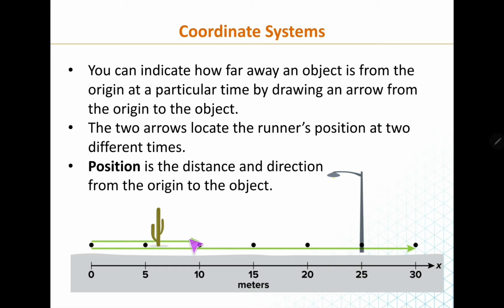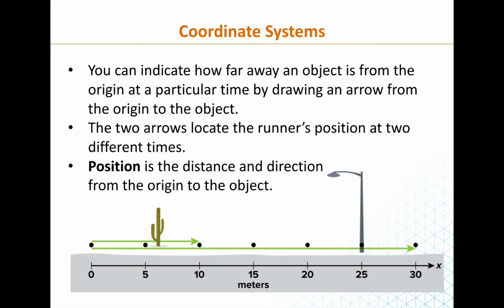This arrow indicates how far away an object is from the origin. Or let's suppose that the runner reached 30 meters. Also we can draw an arrow from the origin to the 30 meters, and that also indicates how far away an object is from the origin.